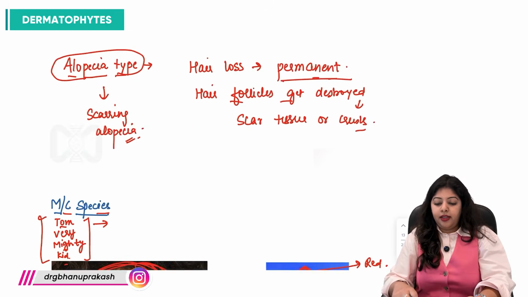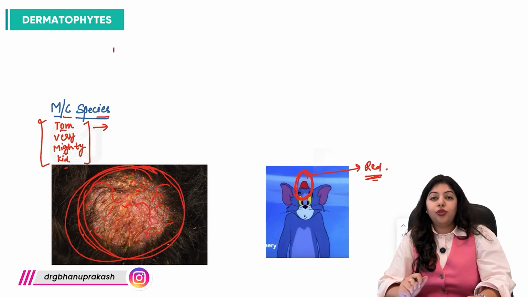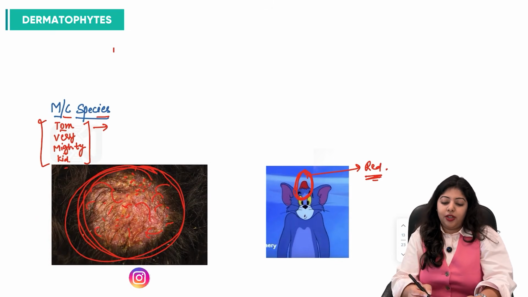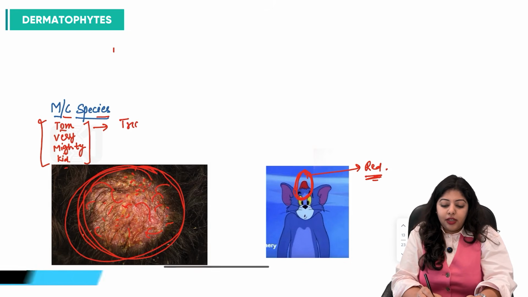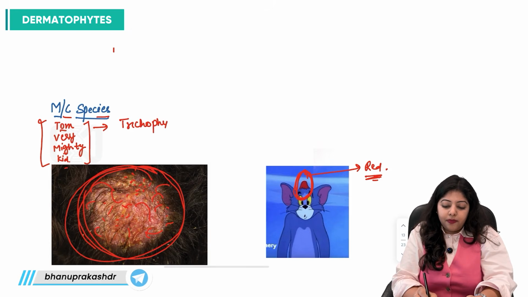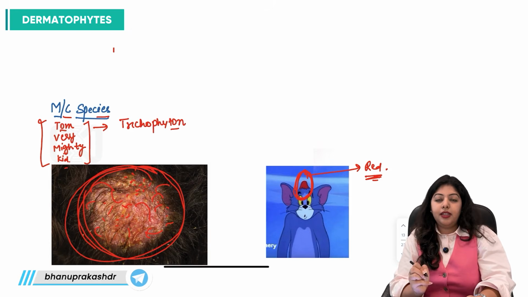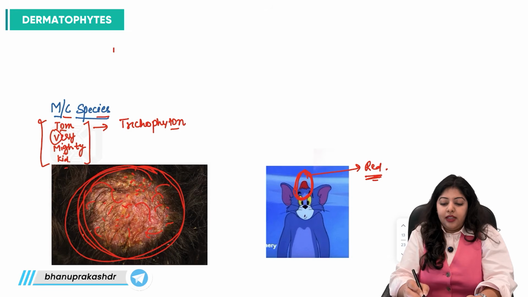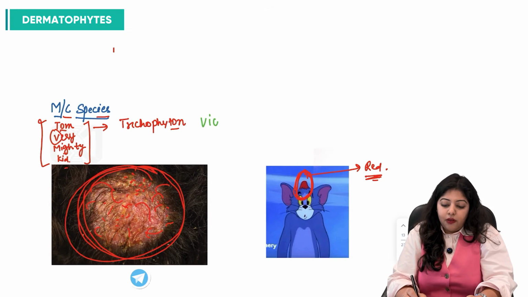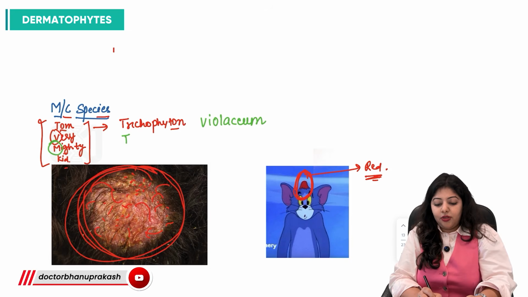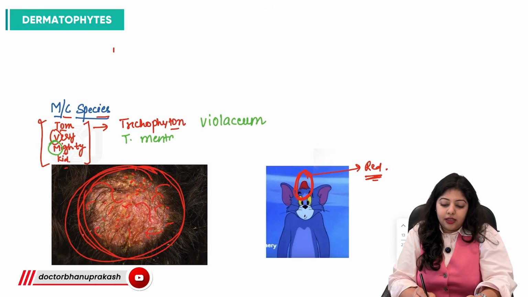Right? So now moving on to the most common species which are associated. T stands for Trichophyton. And with V we will take out the first species, which is violaceum. And with M we will take out another species which is associated, Trichophyton mentagrophytes.